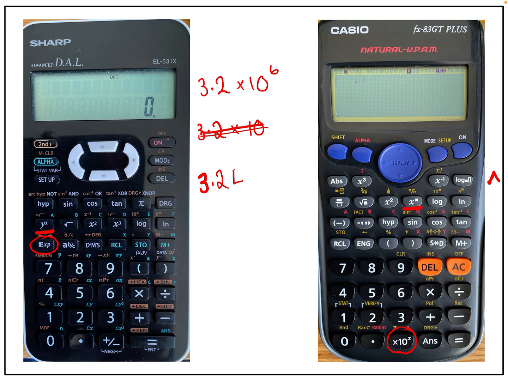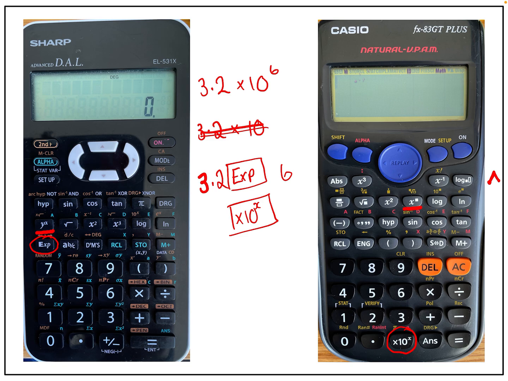So either EXP or times 10 to the power of, it might be a box on some calculators, and then you just type in the number 6. So it's far fewer buttons for you to type in. Okay, so that is handy for us to be able to use.